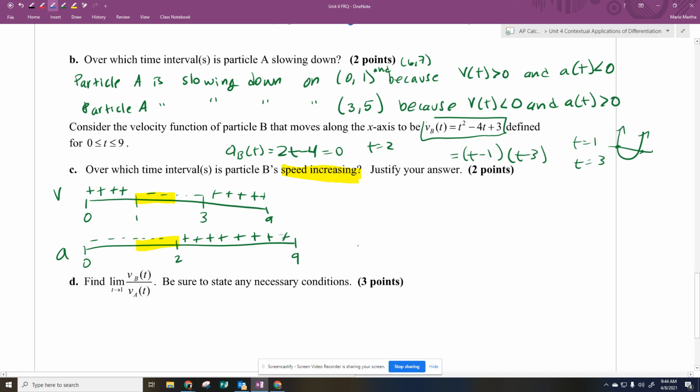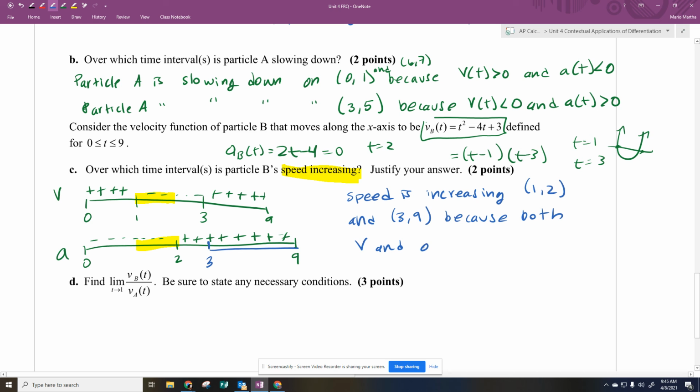So particle speed is increasing between 1 and 2, and also between 3 and 9, because v of t and a of t have the same sign.